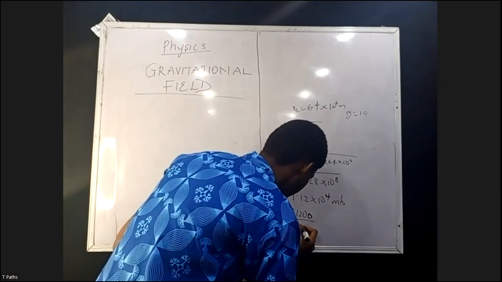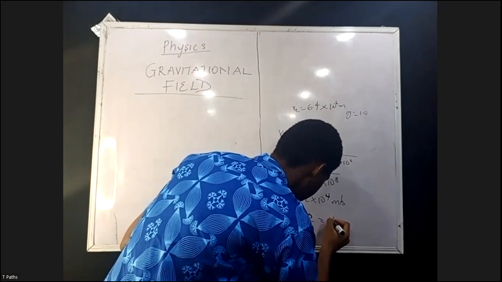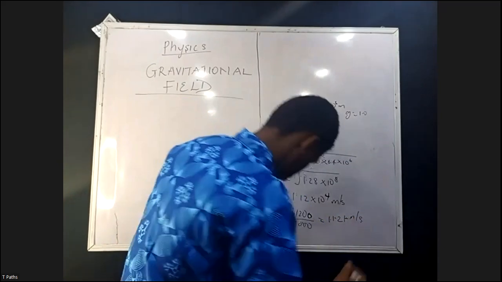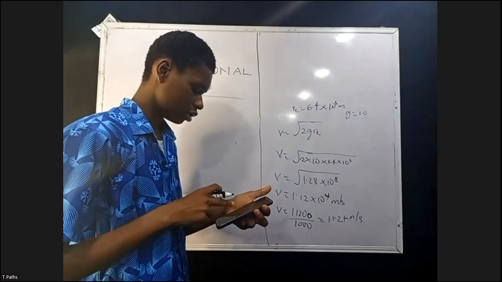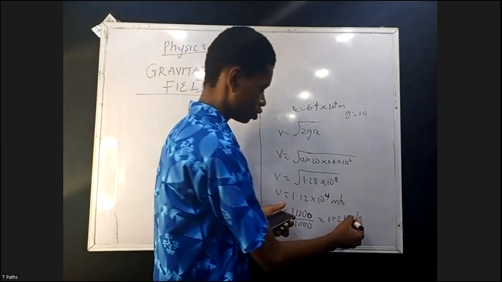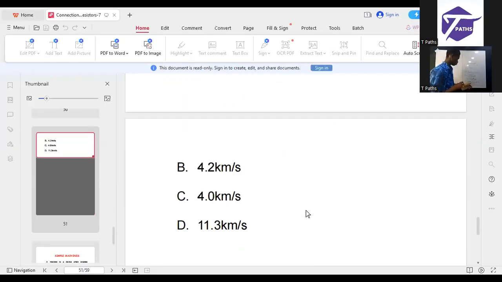So dividing this by 1,000, this will become 11.2 kilometers per second. So my answer here is option D, which is 11.3, probably approximation stuff. So my answer will be 11.3 kilometers per second, which is option D.